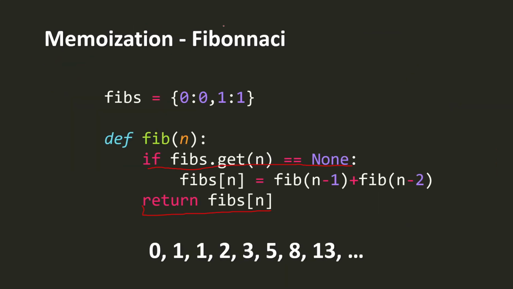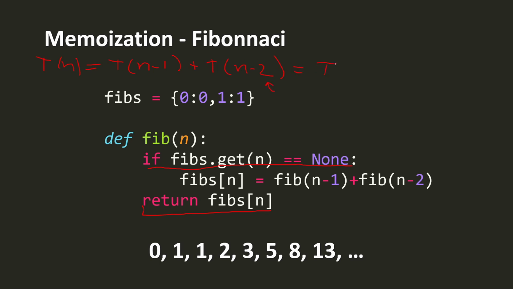If we now look at this implementation, how many calls are we going to make? A way we could look at this is to say that the time complexity for n is equal to the time complexity of n minus 1 plus the time complexity of n minus 2. But this one is stored in the array, so it's constant.